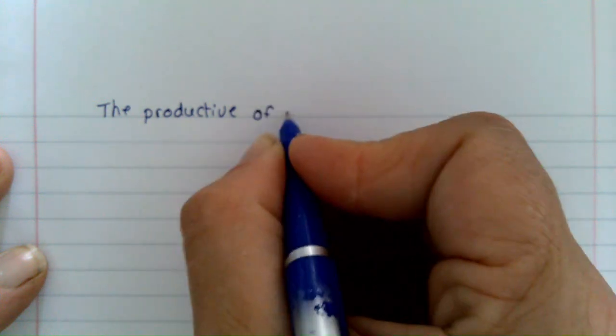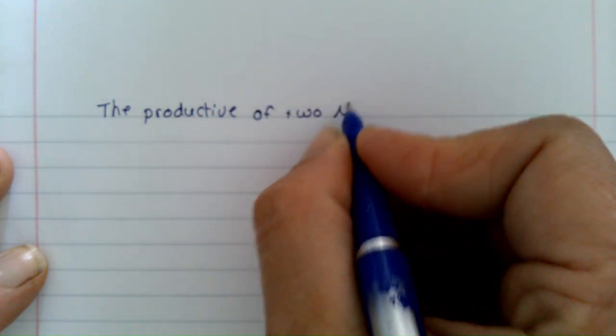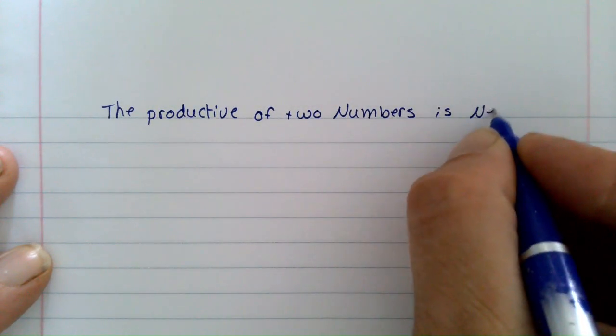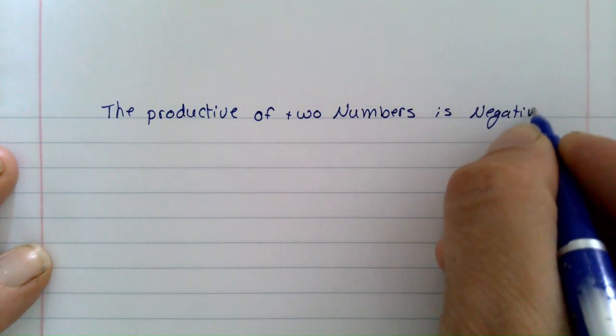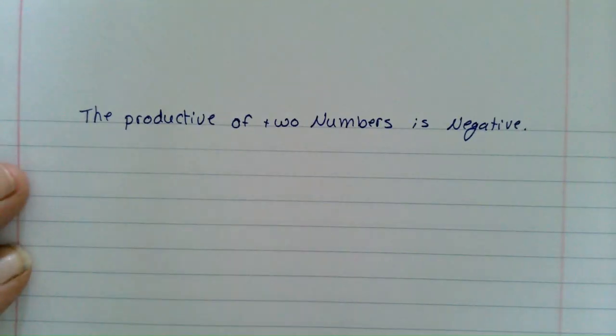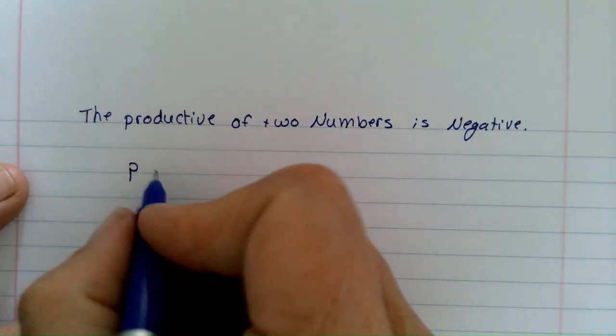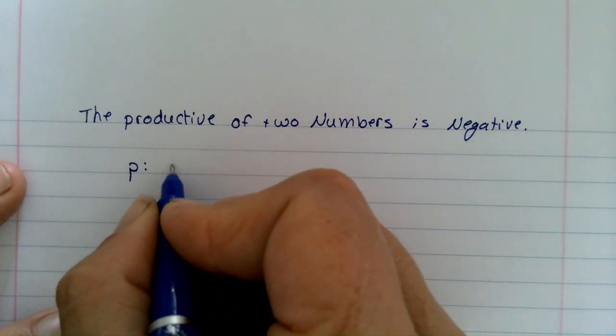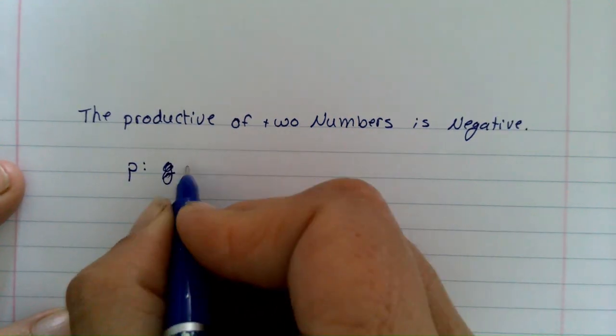So the product of two numbers is negative. Okay, so our P is given two numbers. You have two numbers, right?